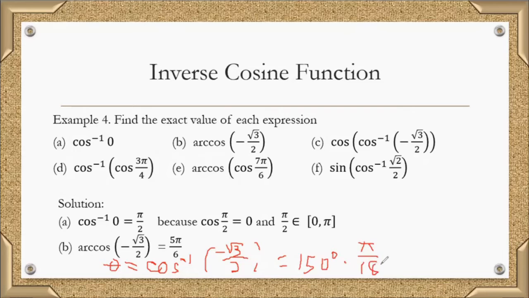Kaya makukuha mo ang 5 pi over 6. Ayan, approximately, kung gusto mo ng real number, so 5 times pi divided by 6. Approximately, meron kang 2.62. Sa real number, 2.62.